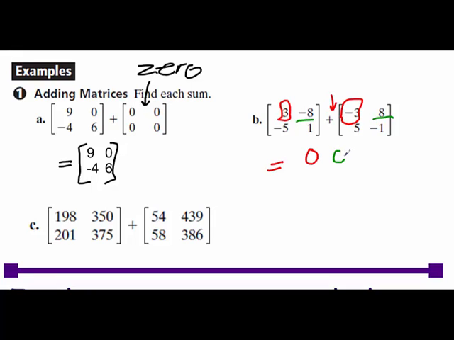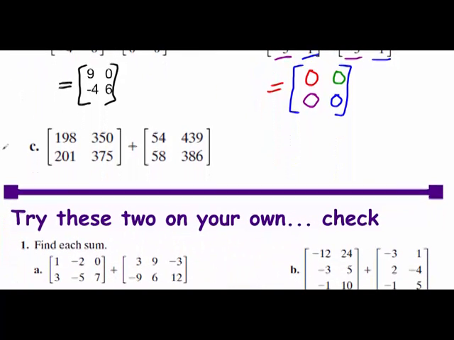I think I see a pattern going on here. Negative 5 plus a positive 5, 0. What have I not used? Blue. And a 1 and negative 1. When I add those together, I get 0. So what I'm seeing here is that my result can be a 0 matrix as well. That's interesting.